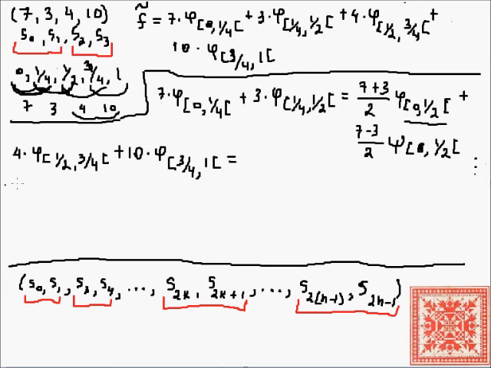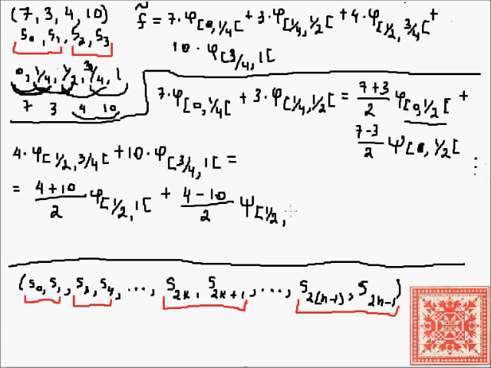Dilating them into a larger half interval, it's going to be 4 plus 10 over 2 times phi from 1/2 to 1. We've combined them into a larger interval, plus 4 minus 10 over 2 times psi, the wavelet, psi from 1 over 2 to 1.